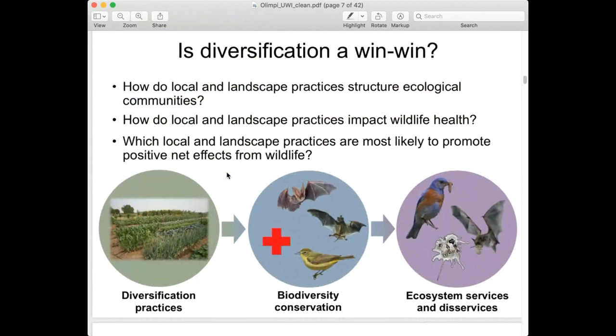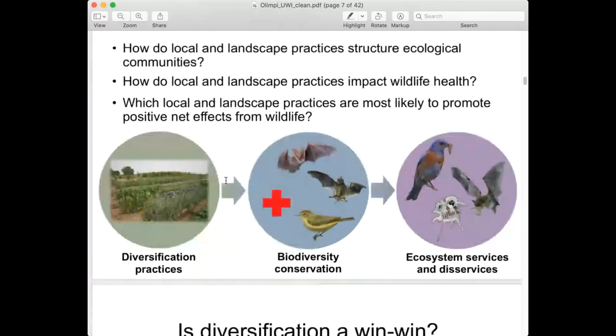The first question that we'll focus on is, how do local and landscape practices structure ecological communities? Next, we'll look at how local and landscape practices impact wildlife health. And then finally, which local and landscape practices are most likely to promote positive net effects from wildlife?